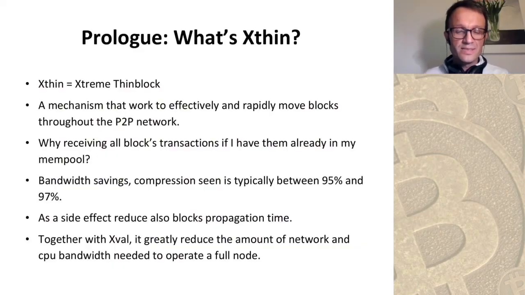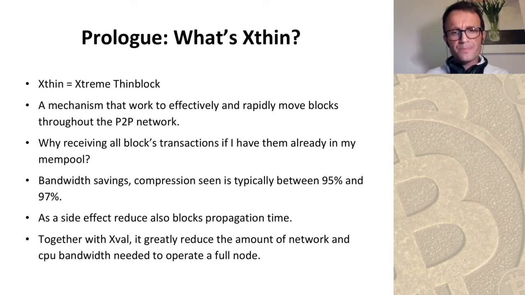Before starting with the actual presentation of the results, we're going to explain what Xthin is. Xthin stands for Xtreme Thin Block, a mechanism that works to effectively and rapidly move blocks through the P2P Bitcoin network.